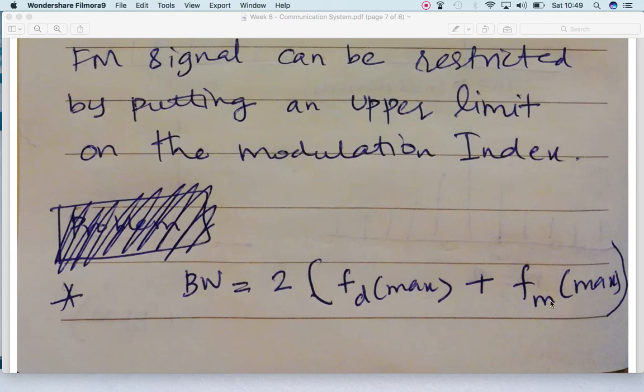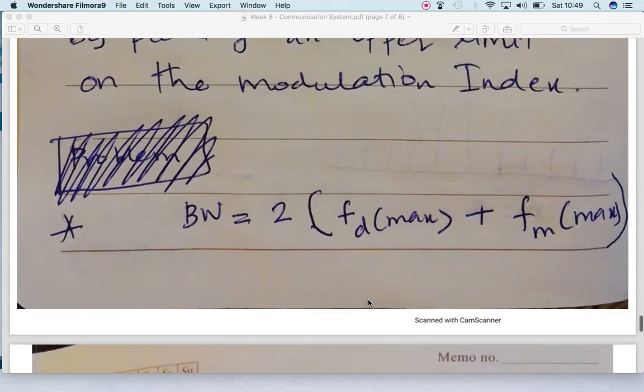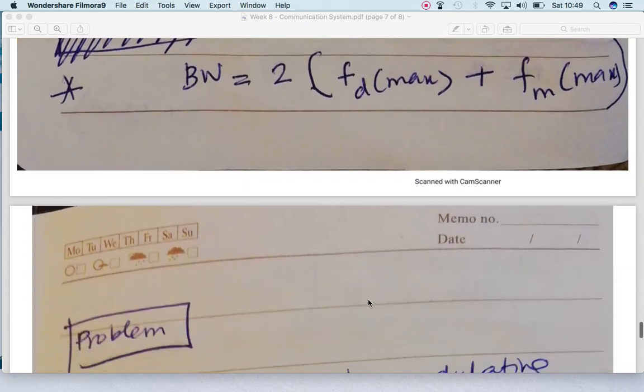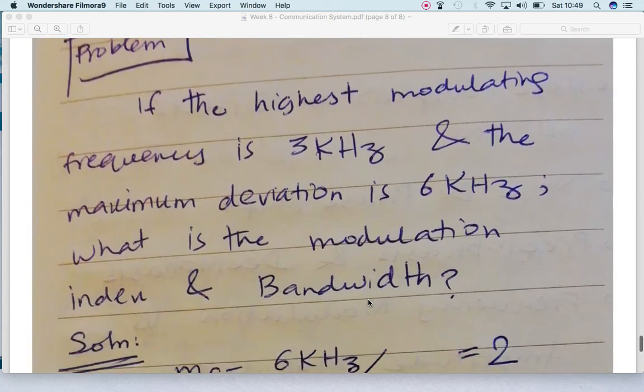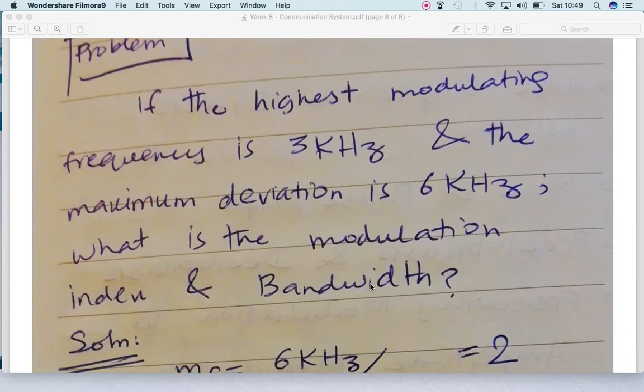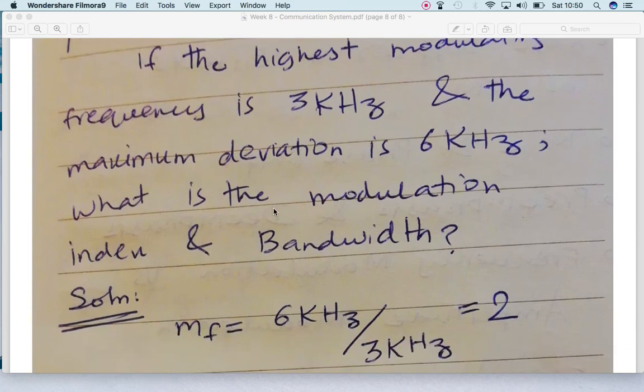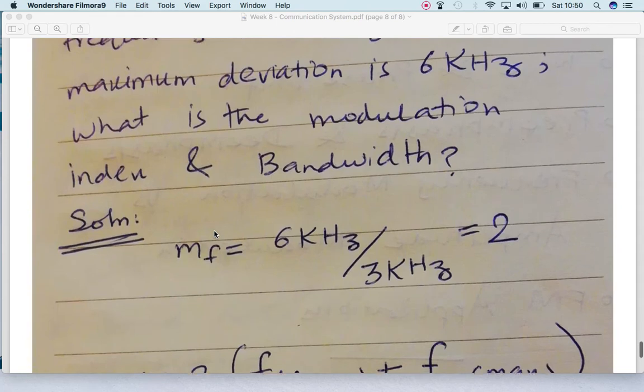This is the formula to calculate the bandwidth of an FM signal, which involves the frequency deviation as well as the modulating signal frequency. As you can see in the problem, the modulating signal frequency is 3 kilohertz and the maximum frequency deviation, FD, is 6 kilohertz, and we have to find the modulation index as well as the bandwidth.